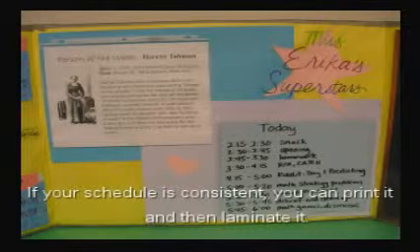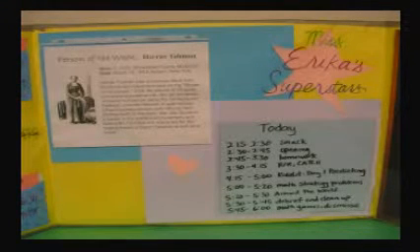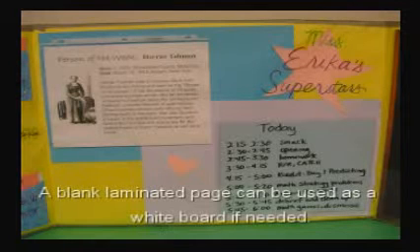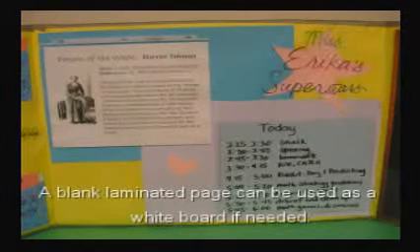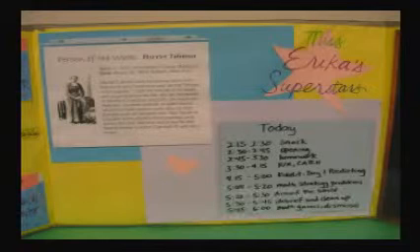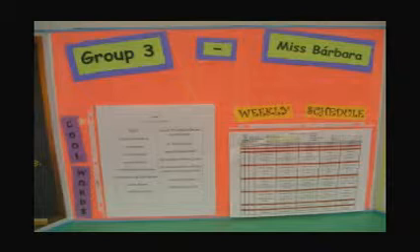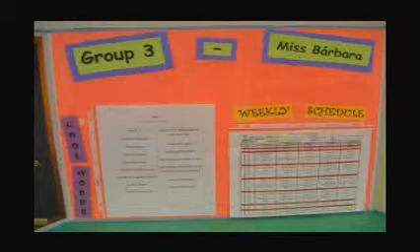Some people have a printed schedule that they'll put in this laminating pocket here, this page protector, and they'll use this board as a space to write things down. So if in your classroom you don't have access to a whiteboard or a chalkboard, you can use this as a place to write things for the students. Here you can see we didn't use a whiteboard, so there are 2 page protector sheets that you could use instead.